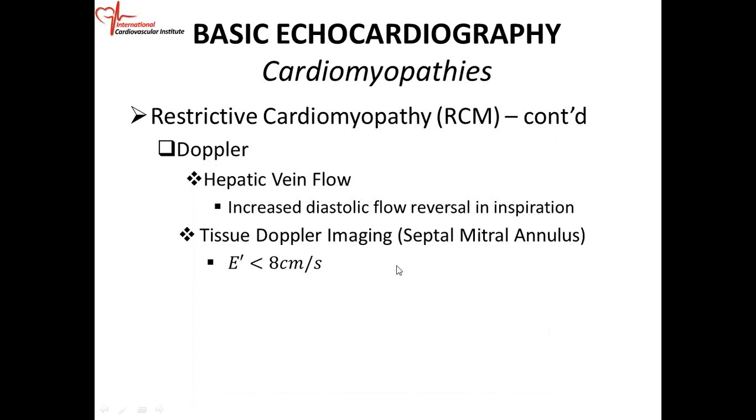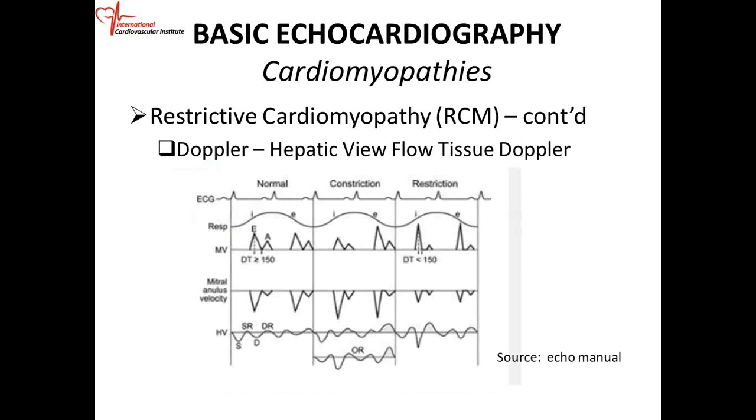And then when you look at your tissue Doppler imaging, it's a heart muscle disease, so your E prime is going to be reduced. So in most exams, they want you to distinguish between what they call constrictive pericarditis and restrictive cardiomyopathy. So the mitral inflow might vary. You might have restrictive physiology here, not so much here.